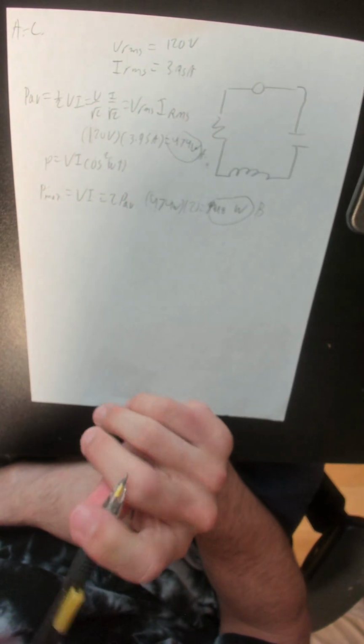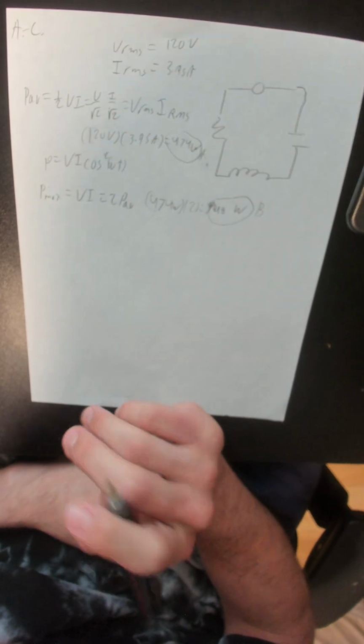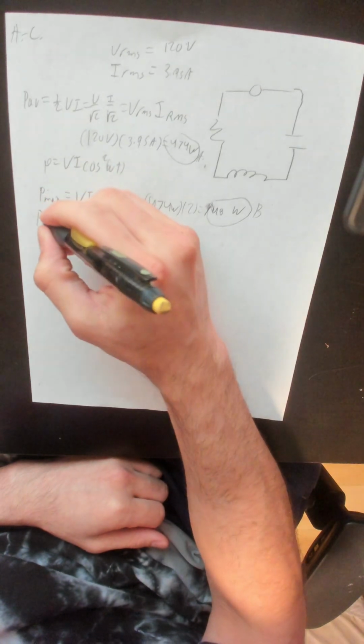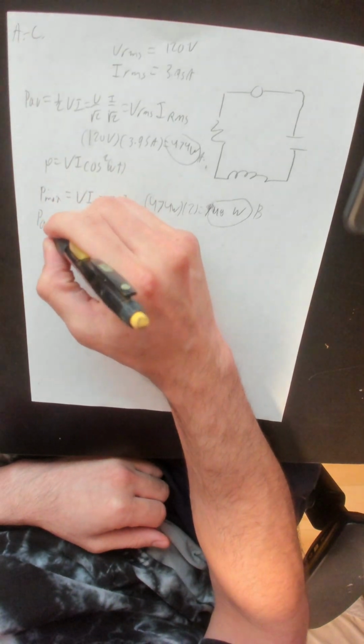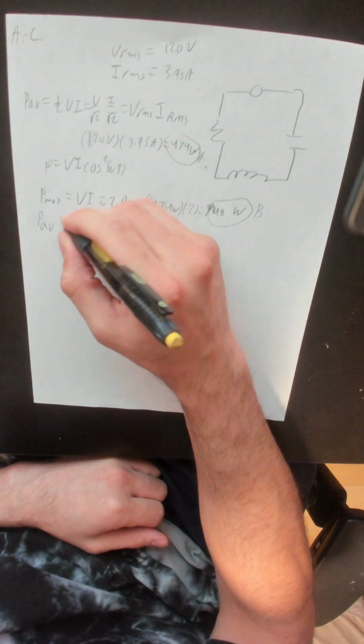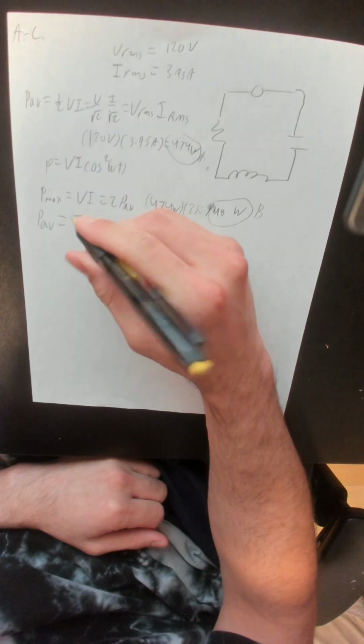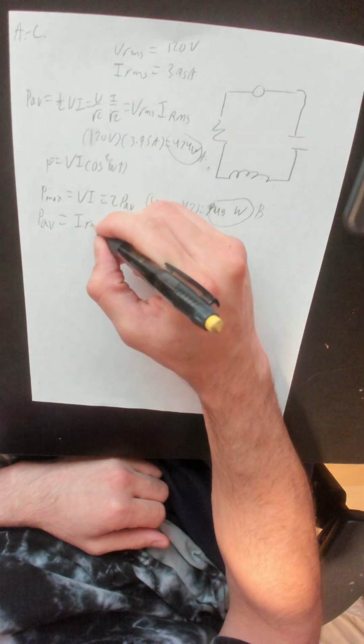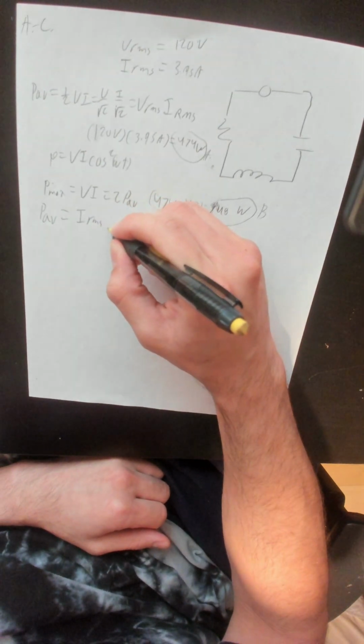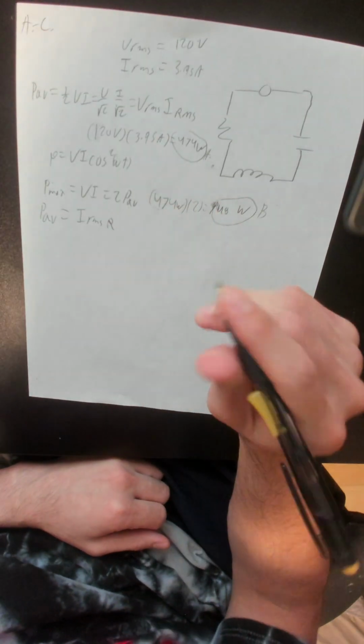And for part C, we just have to find the resistance. To do that, we use another formula, which is P average equals I RMS squared times R, where R is the resistance.